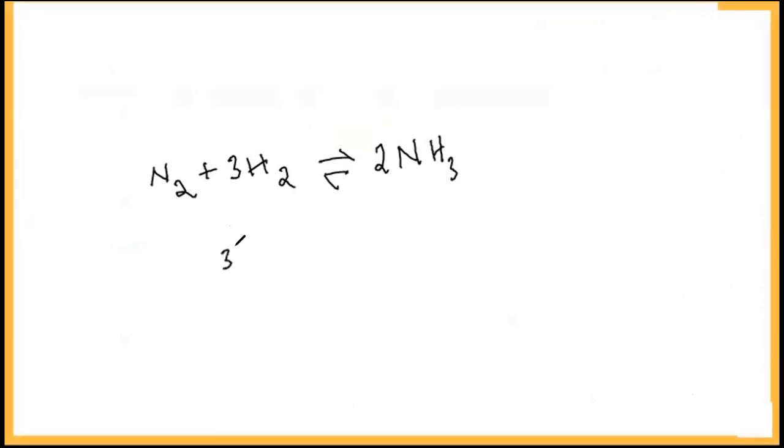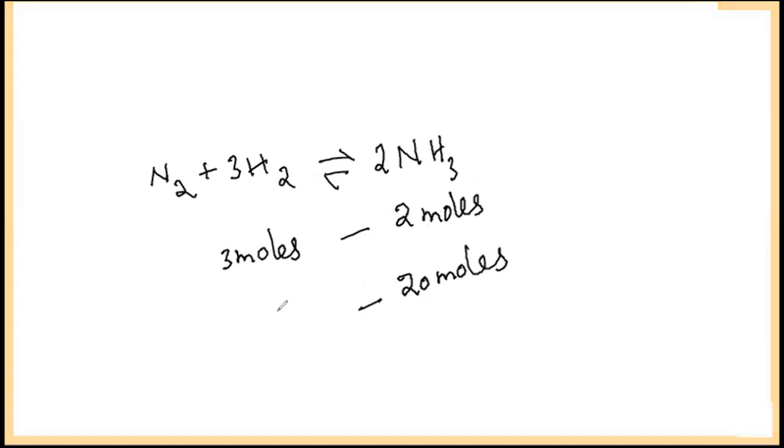From the balanced equation, we can tell that 3 moles of hydrogen is going to produce 2 moles of ammonia. Suppose 20 moles of ammonia can be produced from how many moles of hydrogen?